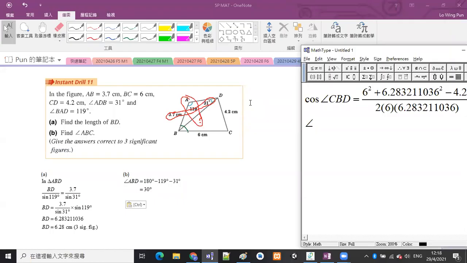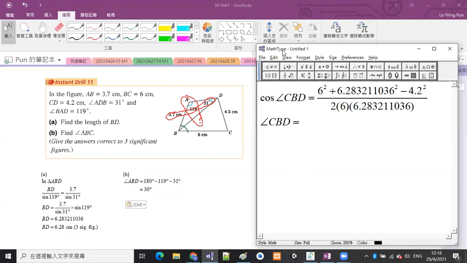Then angle CBD will be shift cosine of the number on the right hand side. So that should be 6 square plus that number square, minus 4.2 square, divided by bracket 2 times 6 times that number. And shift cosine answer should be 39.9 something.